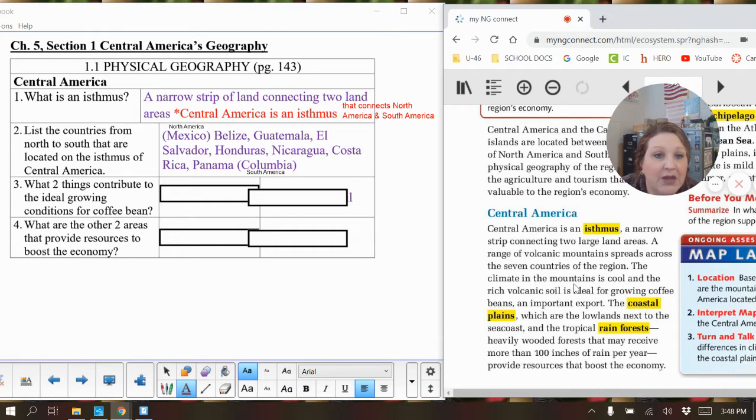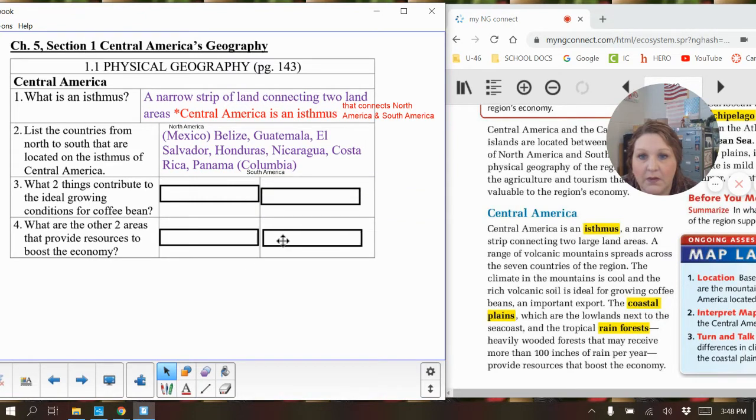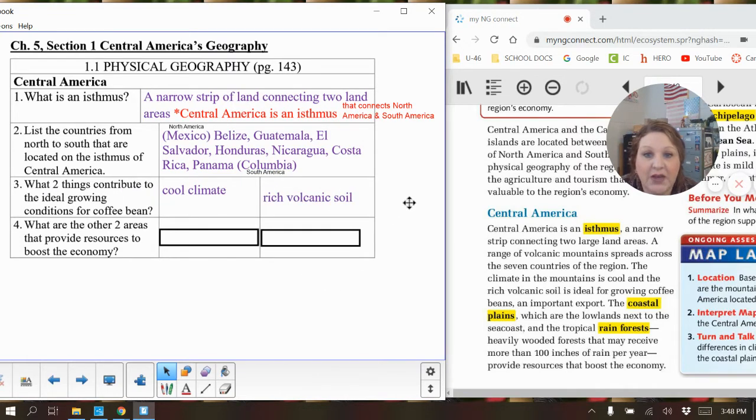So the climate in the mountains is cool, and the rich volcanic soil, that's what helps them grow. There we go. So our cool climate and rich volcanic soil.